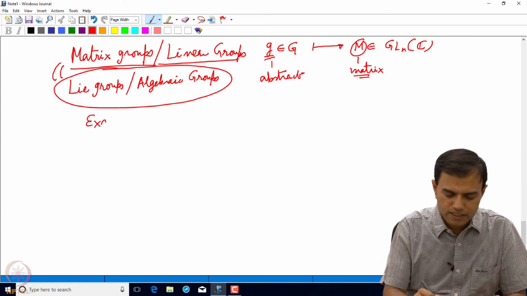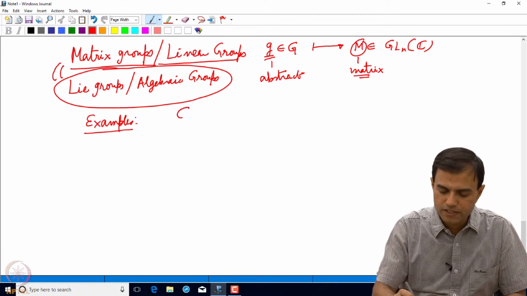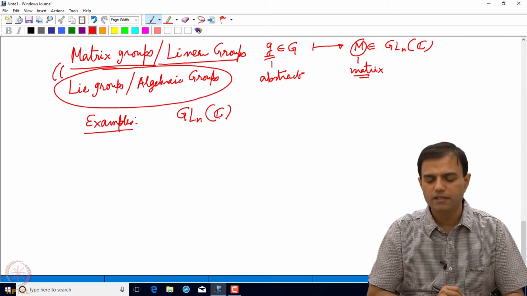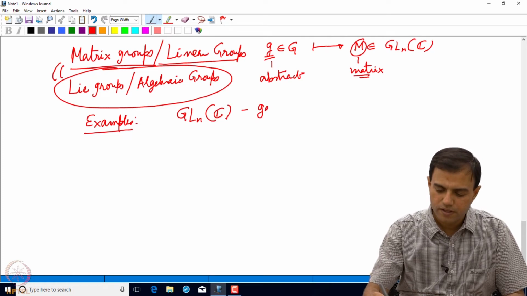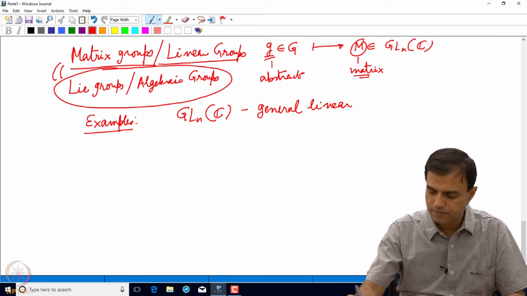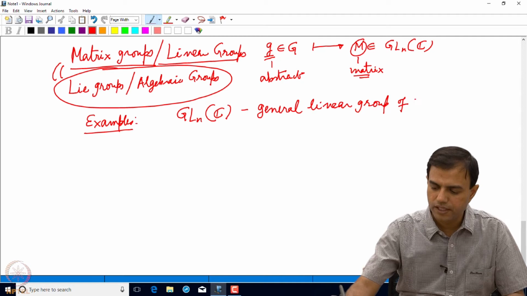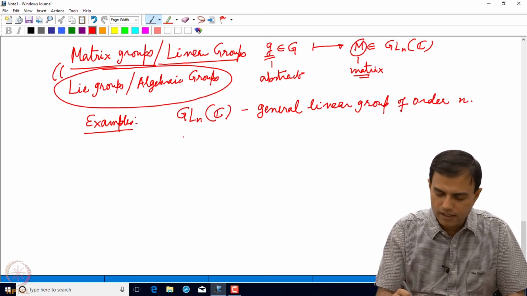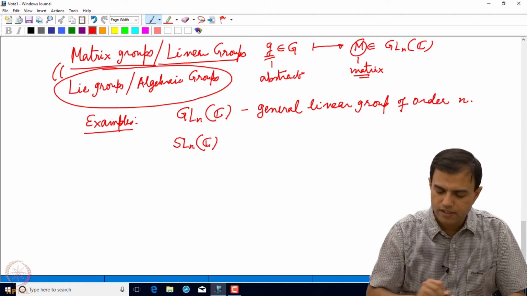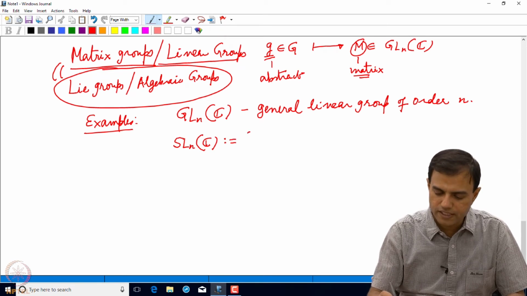So what are the examples? The first example that you already know of is GLnC. This is called the general linear group of order n. And then SLnC. What's the definition of SLnC?